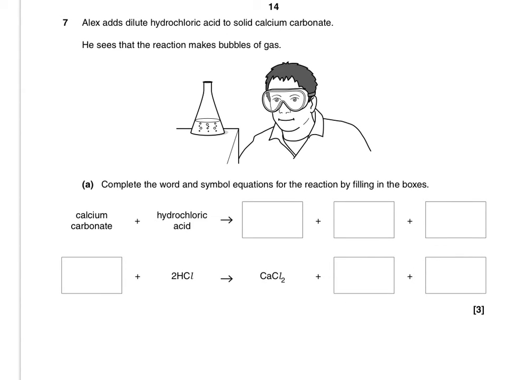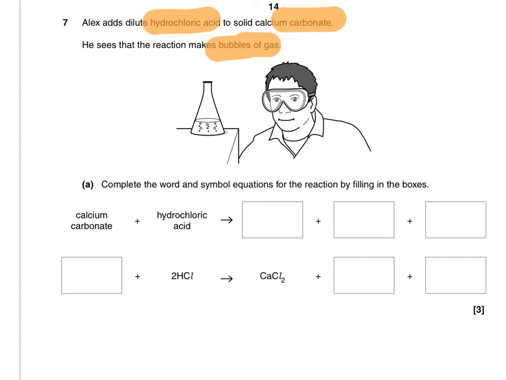And then on to C6. And we've got Alex adding dilute hydrochloric acid to solid sodium carbonate, calcium carbonate. He sees that a reaction makes bubbles of gas. It's a good thing he's wearing those safety specs. Complete the word and symbol equation for the reaction by filling in the boxes. Okay, tricky-ish question.